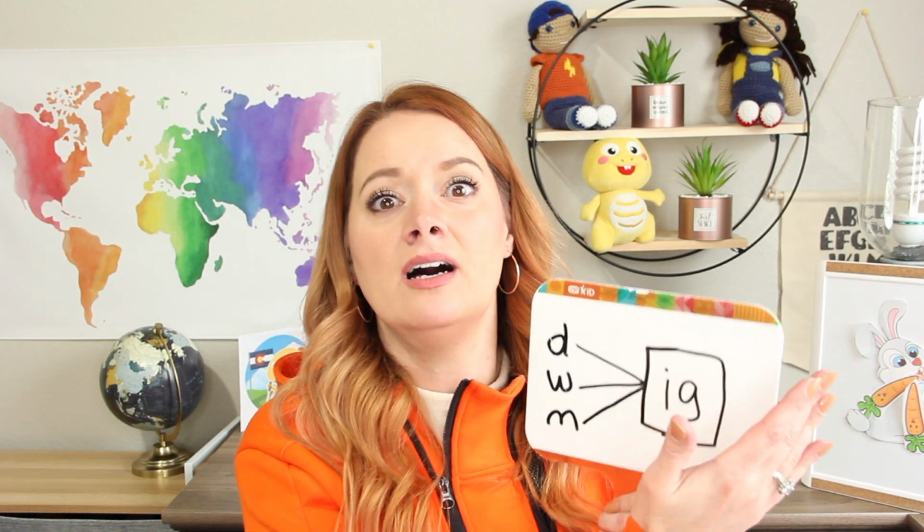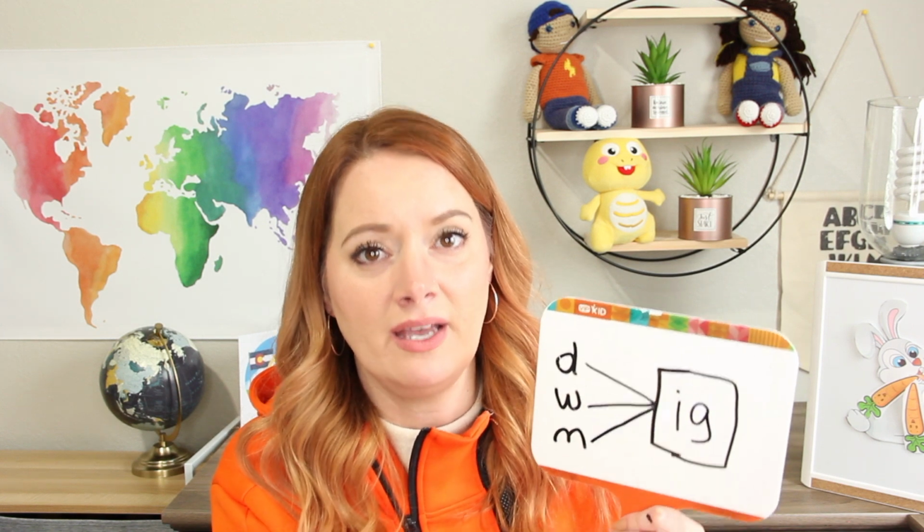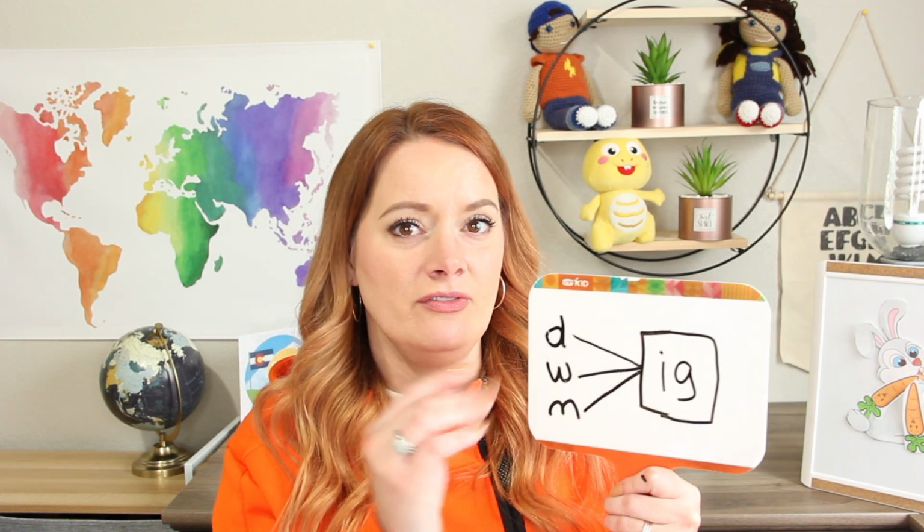It's often common to see students putting an extra sound on the ends of their words, digga, wigga, migga, and you want to cut it off. Sometimes if we're teaching our phonics with duh, igga, we're unintentionally leading the student down that path, which can cause some issues later on.